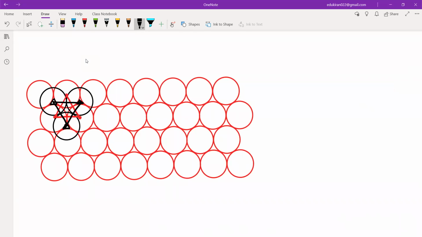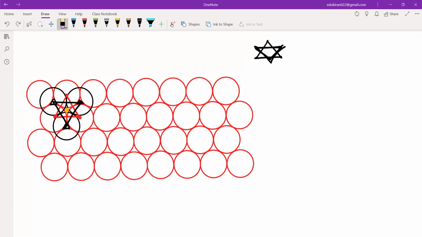The downward facing triangular void, which is this one here, has become an octahedral void now. Yes or no? Do you remember? I have told you, if you have one layer in which the atoms are arranged in a way that they make a downward triangle, and there is an upward triangle made, then this is also an octahedral void arrangement. Yes or no? You guys remember it? Yes, sir.